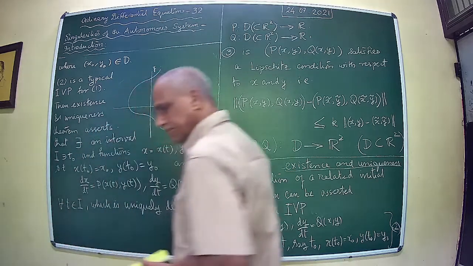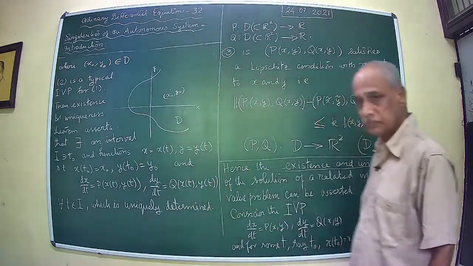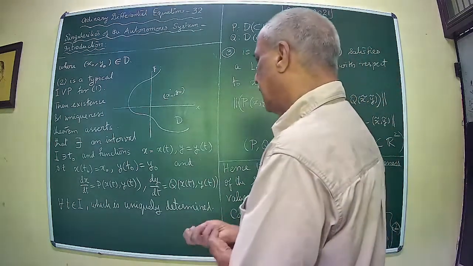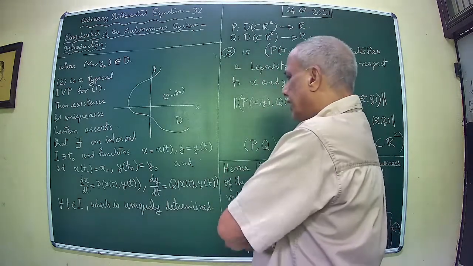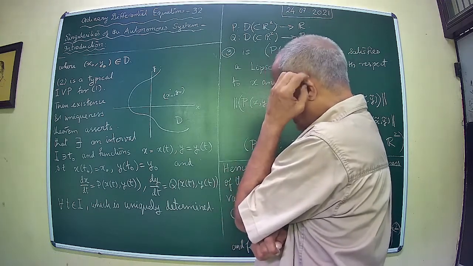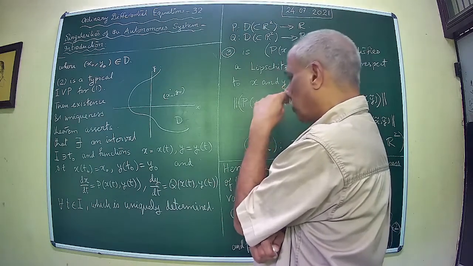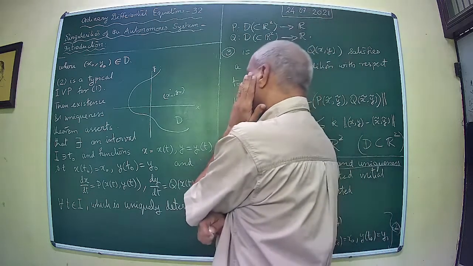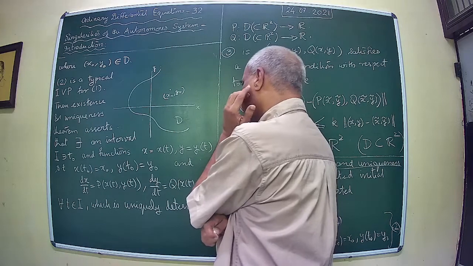So it says two things. One, there is an interval I containing the point t naught, and functions x(t) and y(t) defined on the interval I such that dx by dt equal to P(x(t),y(t)), dy by dt equal to Q(x(t),y(t)) for all t belonging to I. Secondly, x(t naught) is equal to x naught, y(t naught) is equal to y naught.